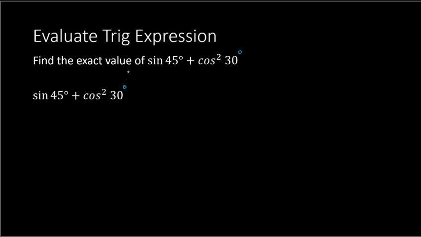Now it's worth noting, before we do this, that this notation right here, cosine squared of 30 degrees, is our way of writing cosine of 30 degrees, so this value, whatever that is, squared. It means the same thing, but we write it this way when dealing with sine, cosine, or tangent.